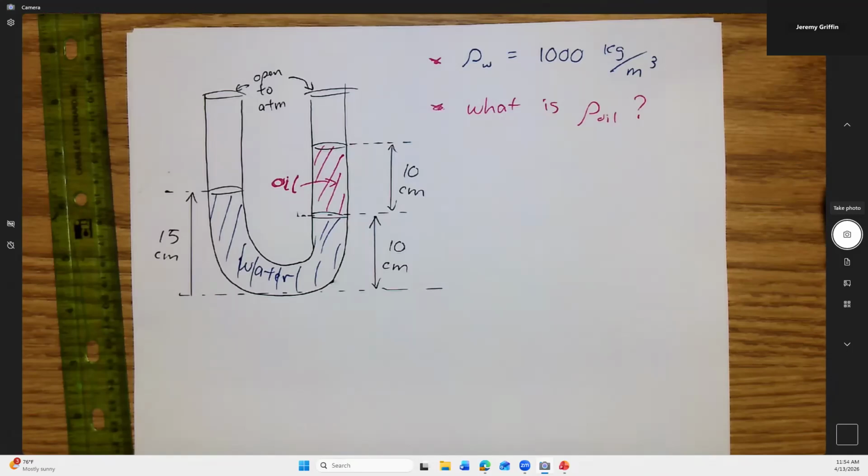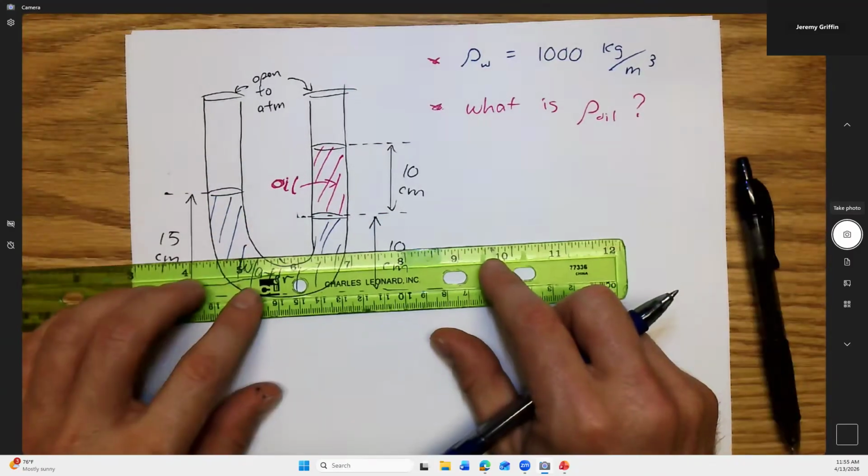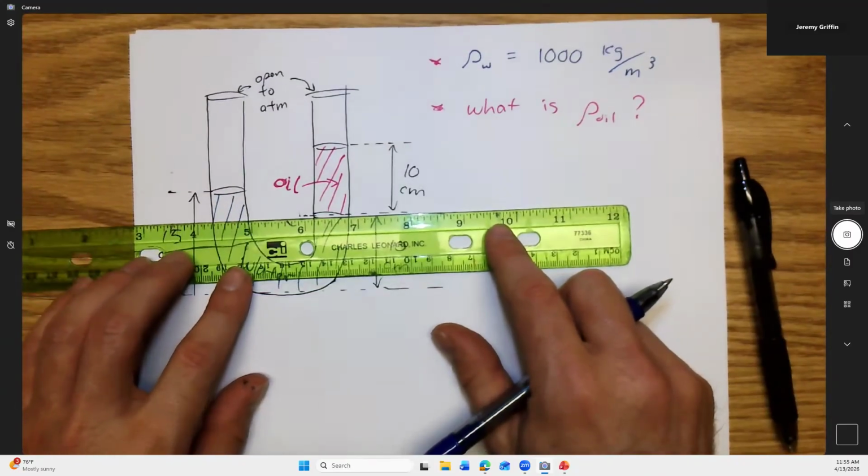Yeah, all right, Felipe got it. 500 kilogram per cubic meter. All right, Felipe, winner. Ding, ding, ding. And so there's a couple of different ways to set this up. I'll show you guys what I would do. Guys, I would just go to this line right here.